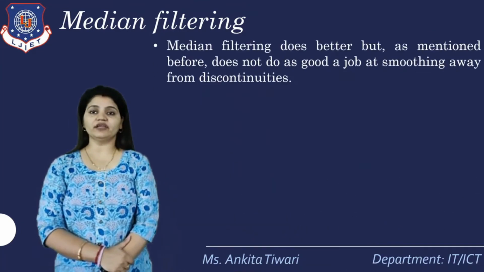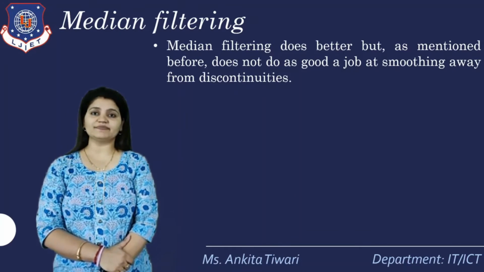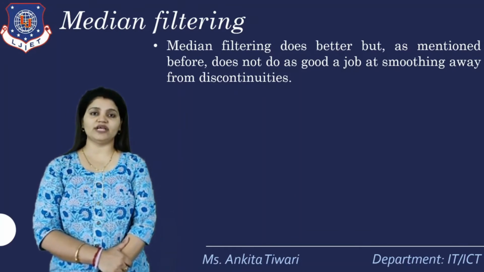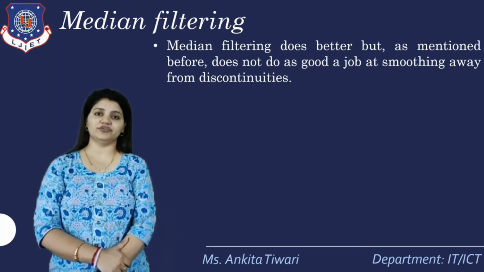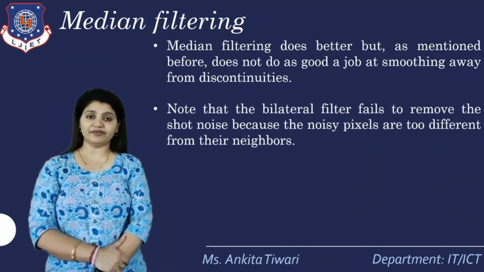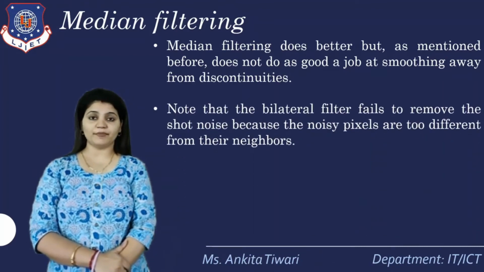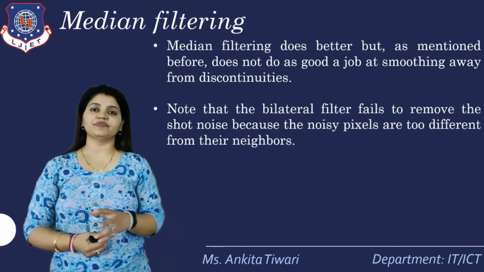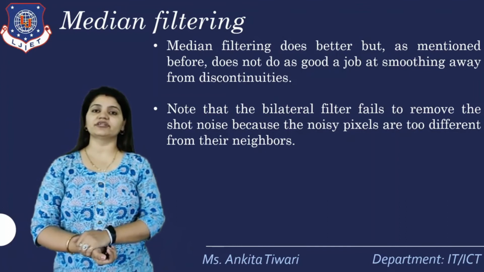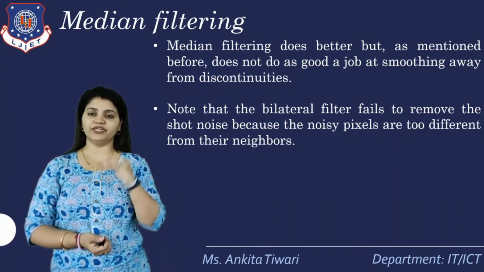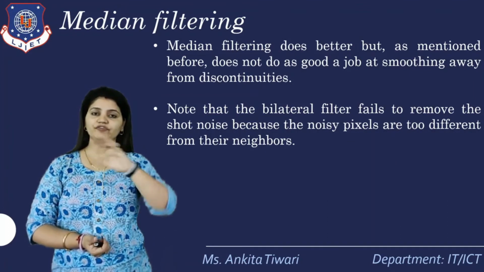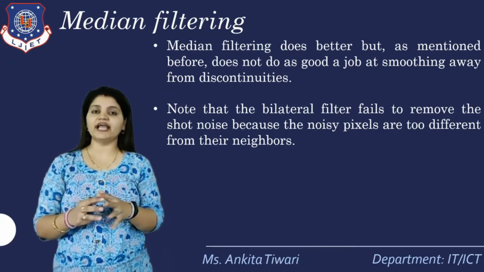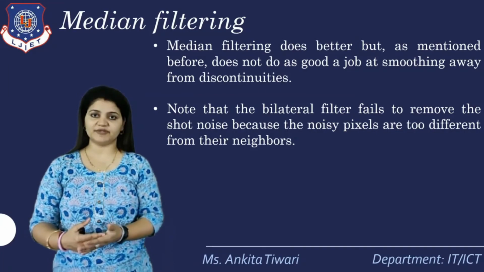Now median filtering does better, but as mentioned before, it does not do as good a job of smoothing away from the discontinuities. Note that the bilateral filter fails to remove the shot noise because the noisy pixels are too different from their neighbors. Here, in the median, everything is compared with the median value itself. So we select a value, take the neighboring values, count them, and with respect to that the filtering process takes place.